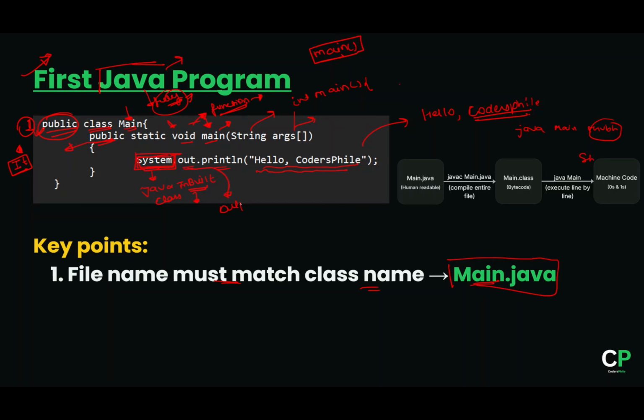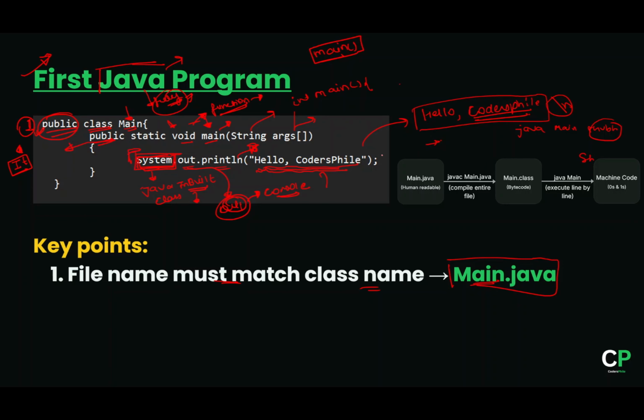Out means that we want to print something to the console, and println means print it and then end with a new line. So it will print the hello coders file on the console and then end it with the new line character.